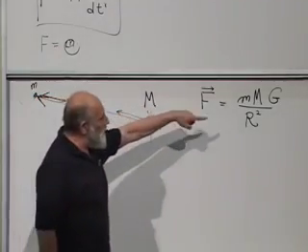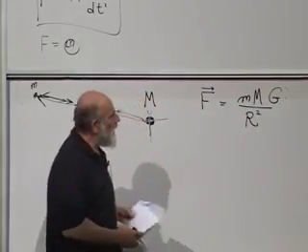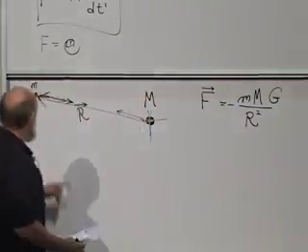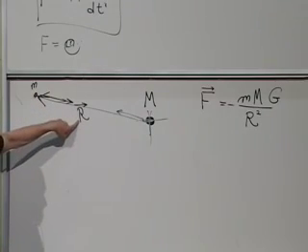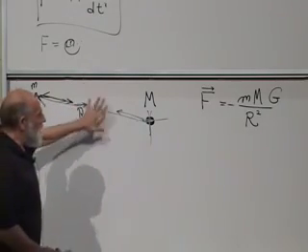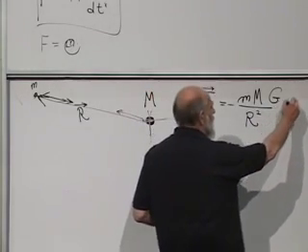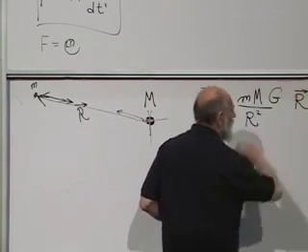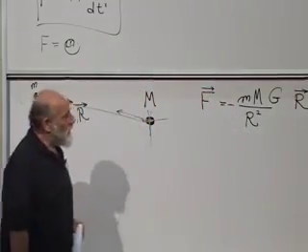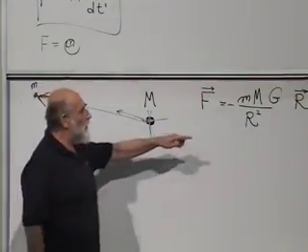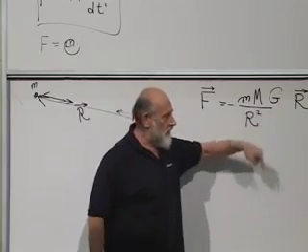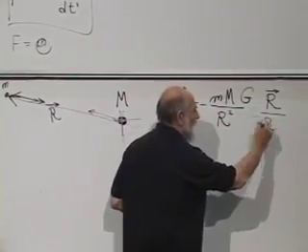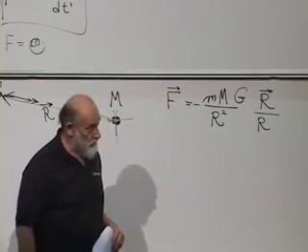If we want to make a real vector equation out of this, we first of all have to put a minus sign. That indicates that the force is opposite to the direction of the radial distance here. But we have to also put something in which tells us what direction the force is in. It's along the radial direction. But wait a minute, if I multiply it by r up here, I had better divide it by another factor of r downstairs to keep the magnitude unchanged.